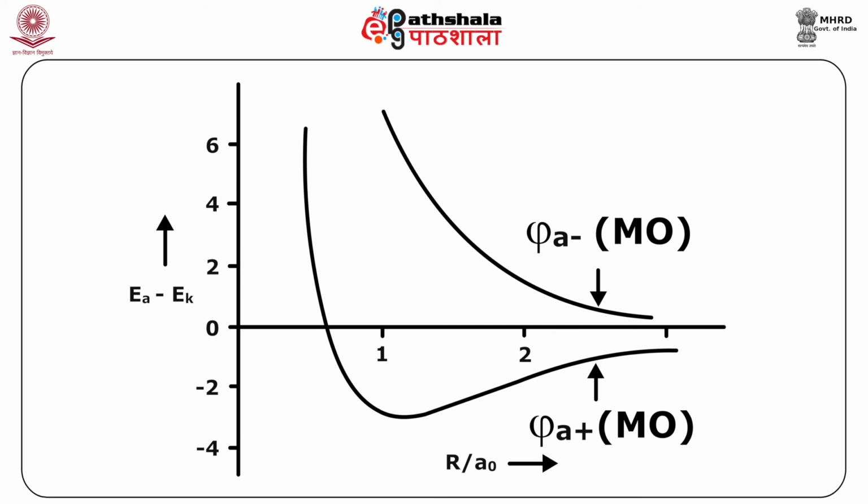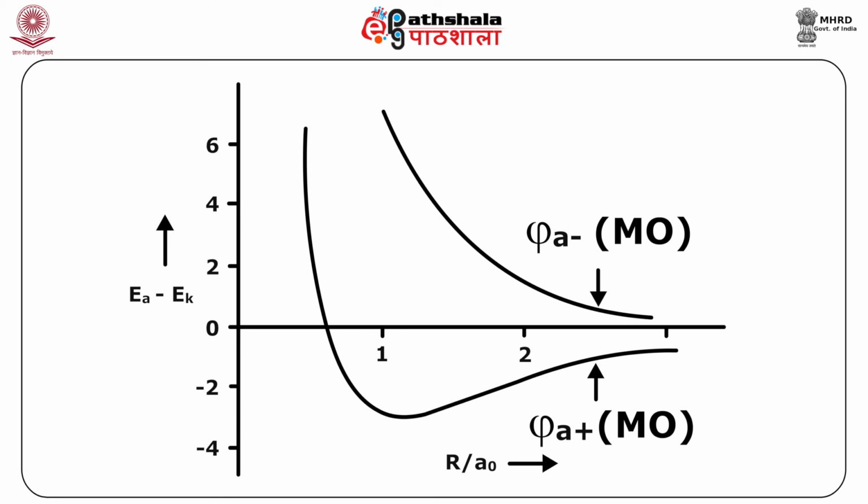Whereas in the case of the bonding molecular orbital, as the hydrogen atoms approach each other, the energy decreases, then it reaches a minimum, and after that it increases. So that is the corresponding variation of the energies of the two molecular orbitals.